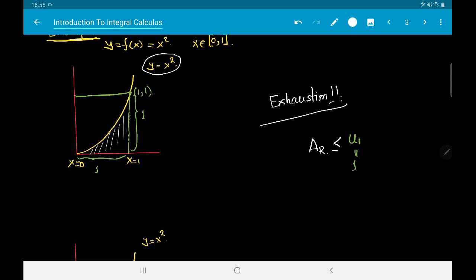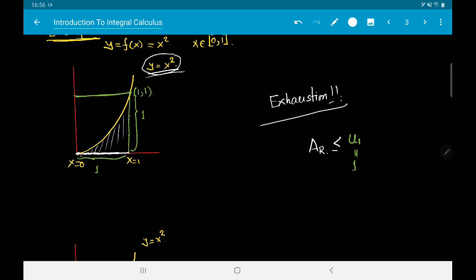Next, we pick up the smallest point in the region. So the smallest point on the graph of y equal to x square in the region, which here unfortunately happens to be the origin, and we draw a line which is parallel to x-axis. Since the point is already on the x-axis, the line parallel to x-axis is going to be the x-axis itself.